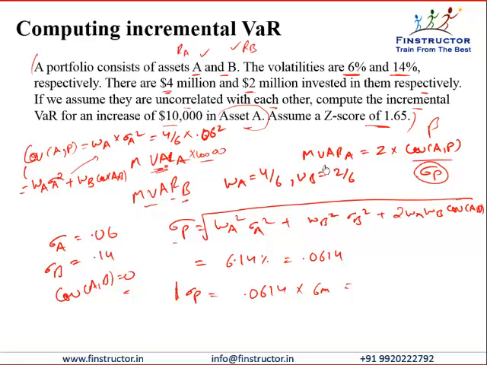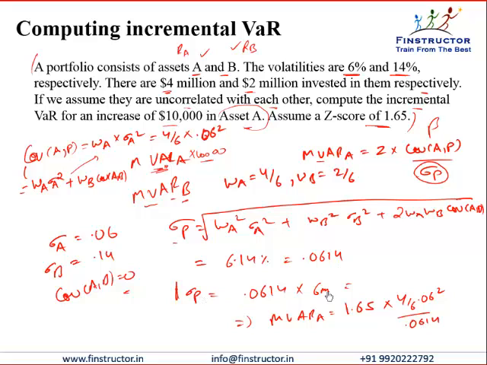So if we substitute the covariance and the standard deviation in the calculation of the marginal VAR, we can derive that the marginal VAR of A will come out to be 1.65 into the covariance of A into P. Please note, if we are taking the covariance in percentage terms, then even the standard deviation we will take in percentage terms.